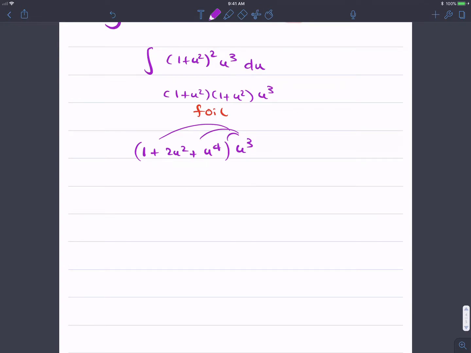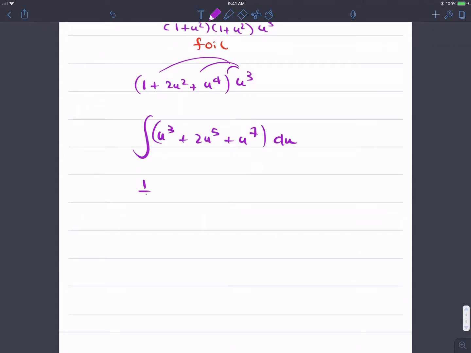Let's not forget to distribute here. u to the third plus 2u to the fifth plus u to the seventh. We're going to integrate this du. So I'll end up with 1/4 u to the fourth plus 2/6 u to the sixth plus 1/8 u to the eighth plus that c.